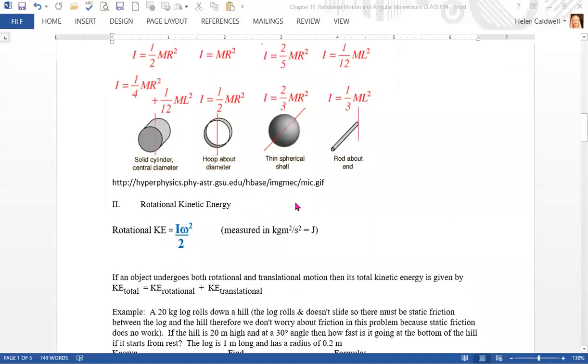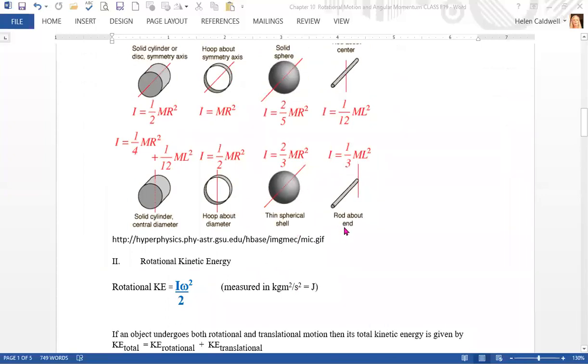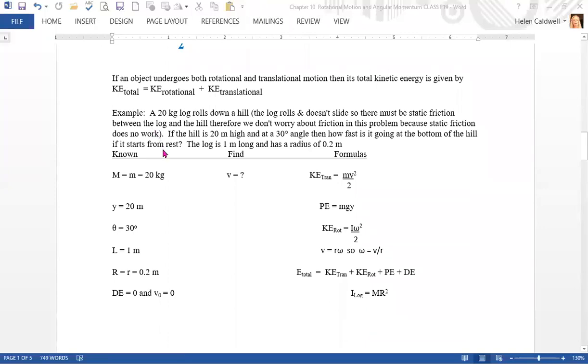So if we go back up here, a log rolling downhill would be this solid cylinder. So it's our very first diagram. So its moment of inertia is mr squared over 2.